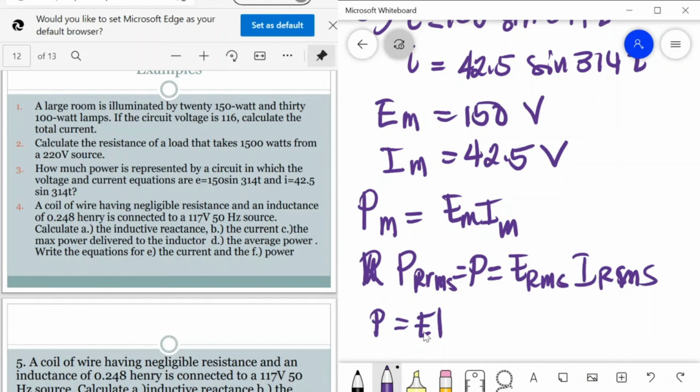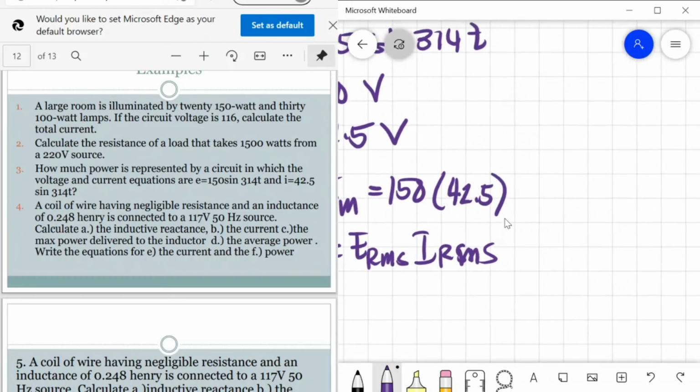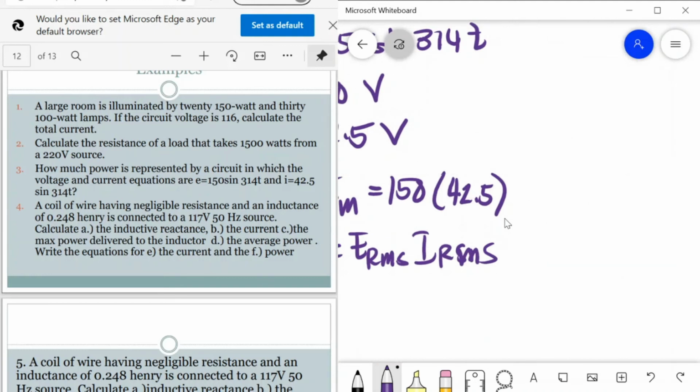Basta walang subscript yung mga quantities natin, it is in terms of RMS. So if we get the maximum power, that will be equal to 150 times 42.5 equal to 6,375 watts.